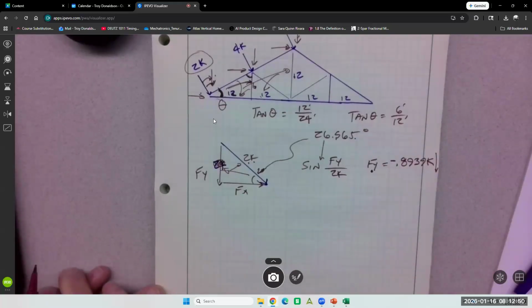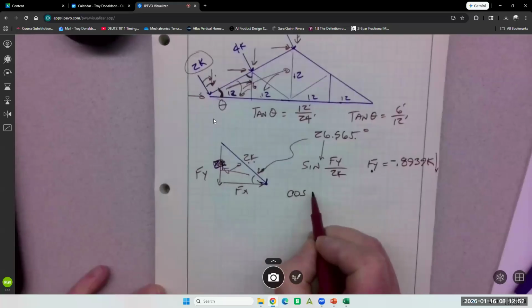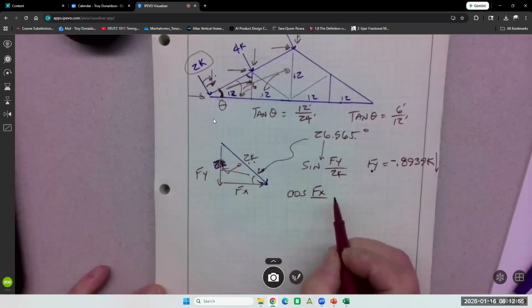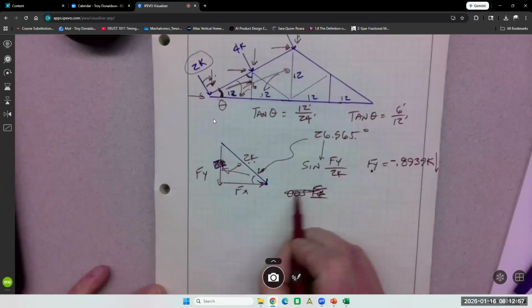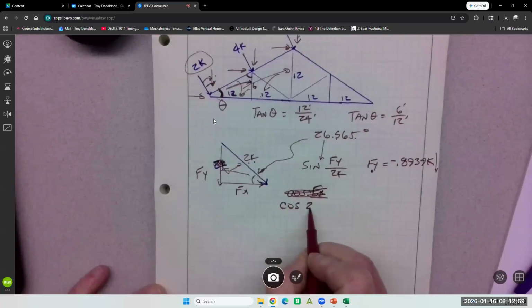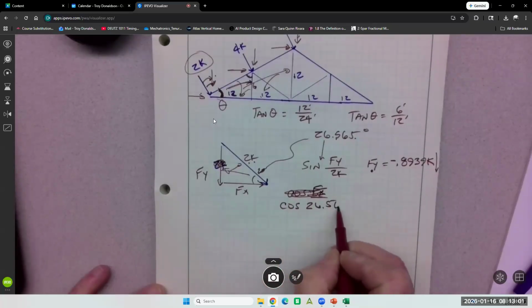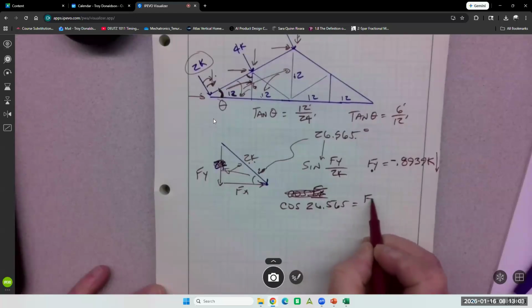Good. And then cosine of Fx, I should be writing the angle. Cosine 26.565 equals Fx over 2K.